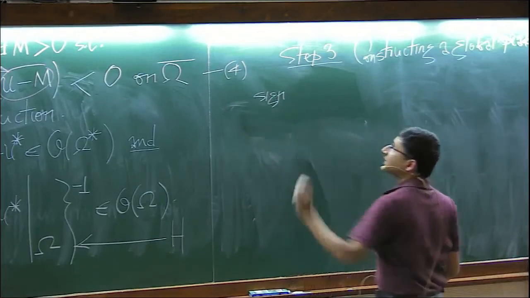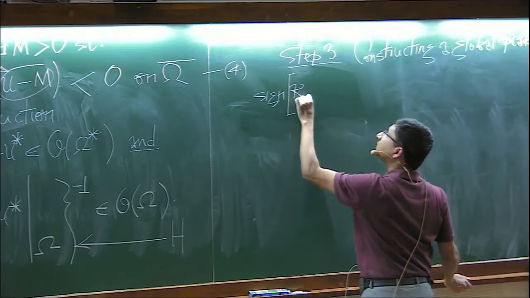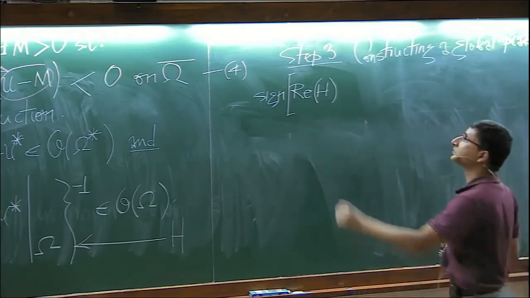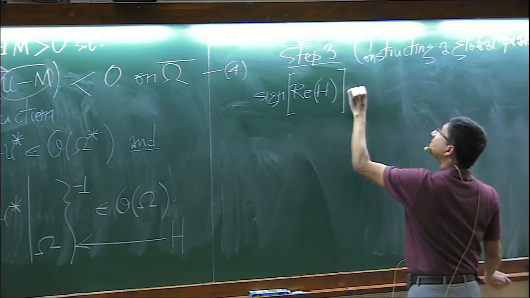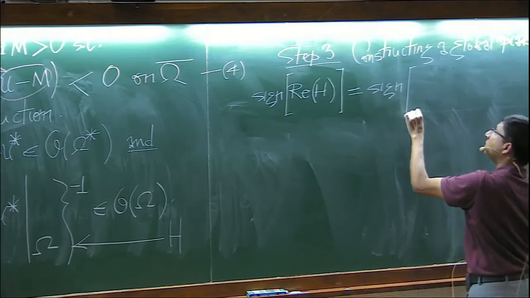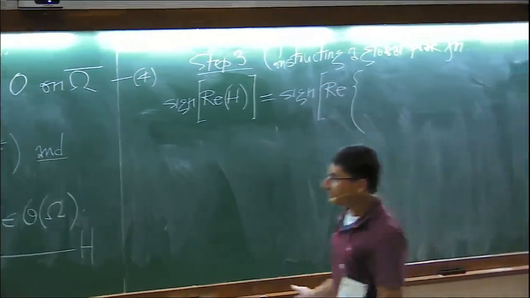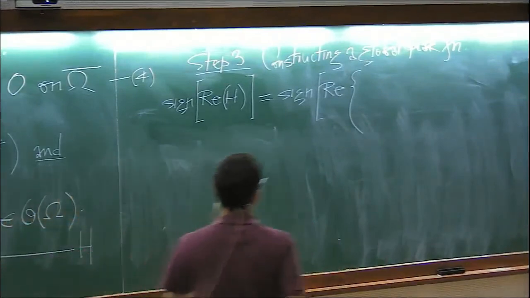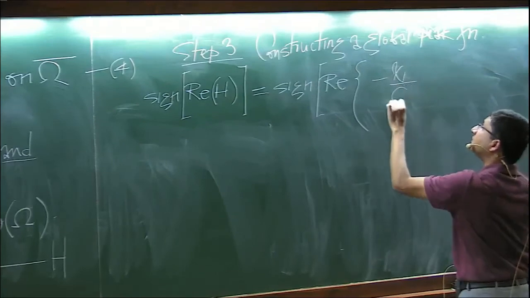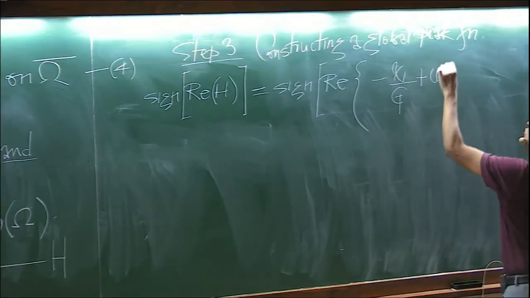The sign of the real part of H is nothing but the sign of the real part of this thing over here, minus chi1 divided by G plus U star.